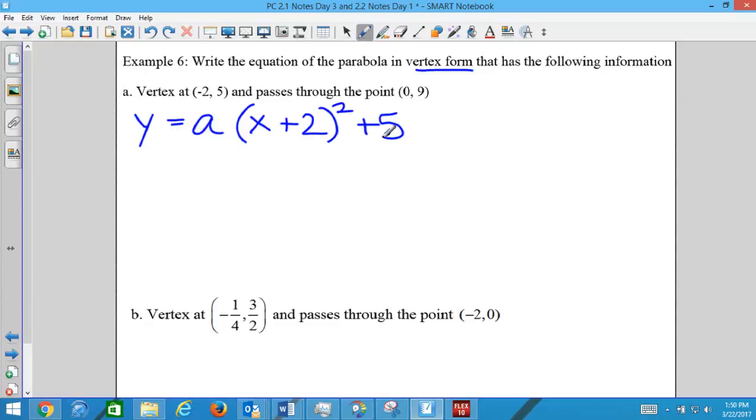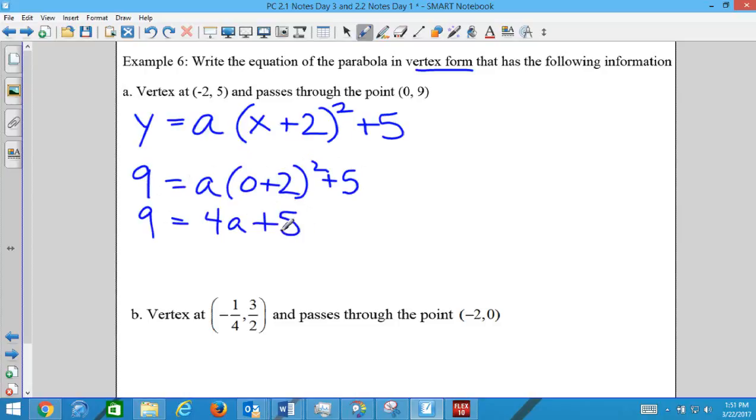But what I do know is another point. So to find A, we're going to plug in this other x and y in for x and y. So 9 equals A times 0 plus 2 squared plus 5. I'm going to square the 2, multiply by A, I get 9 equals 4A plus 5. Subtract 5, we get 4 equals 4A.